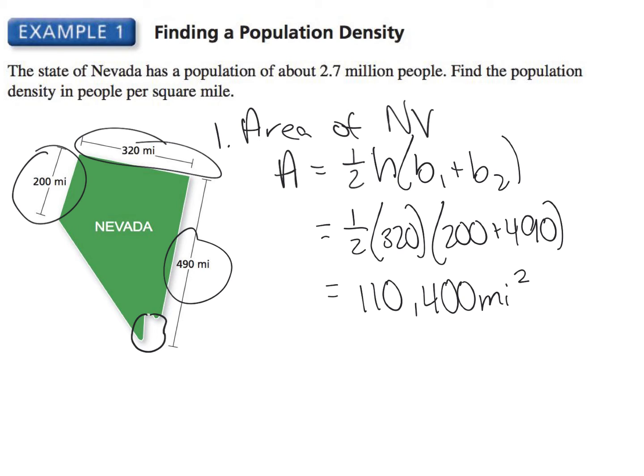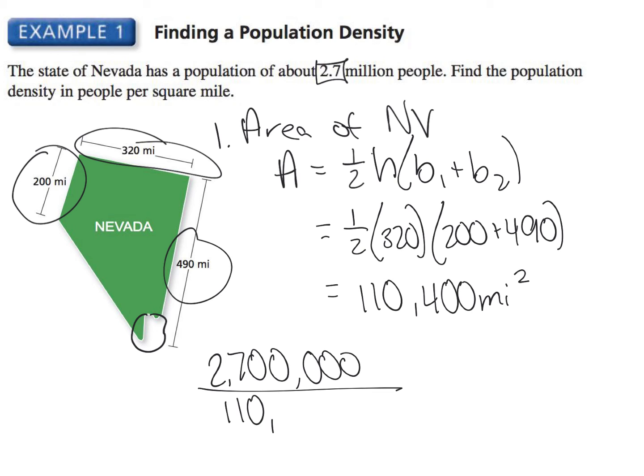Now we need to look at the number of people over the area of land. When we write this out, we are not going to write 2.7. That is 2.7 million. So that means we are looking at 2,700,000 over our 110,400.